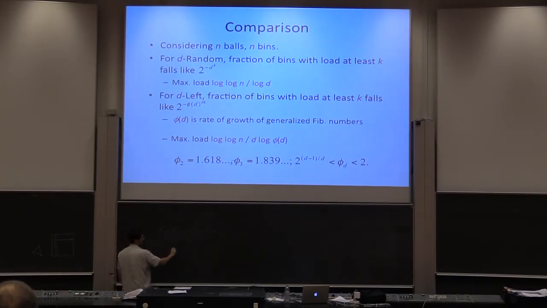The generalized Fibonacci numbers of degree 3 use just adding up the last 3 numbers. And so this system grows approximately like 3 to the n, which is a bit bigger. But these values, the rate of growth, is always less than 2 as you get big.